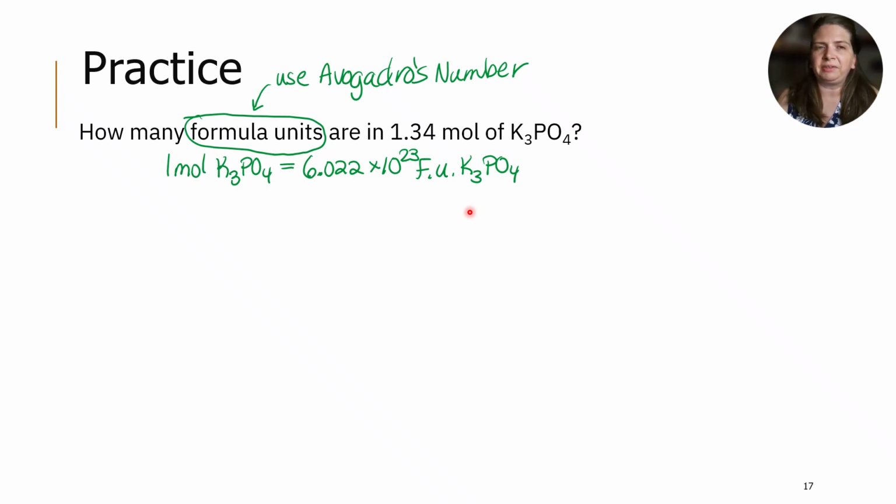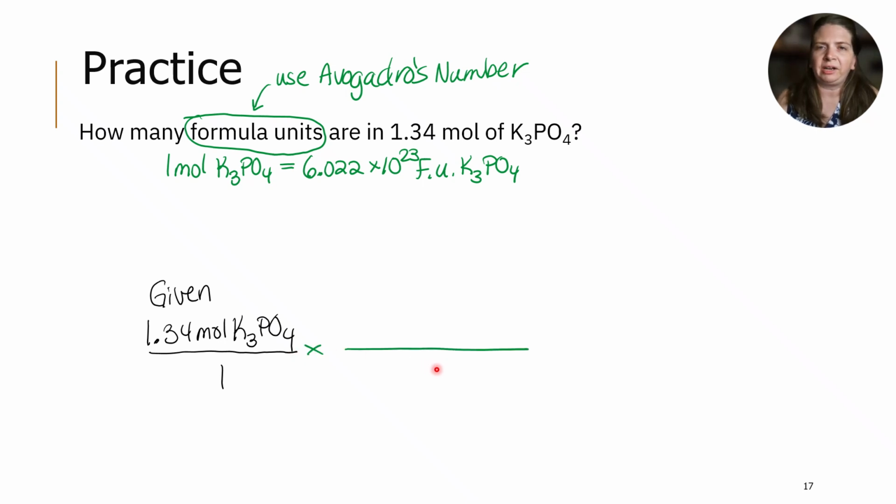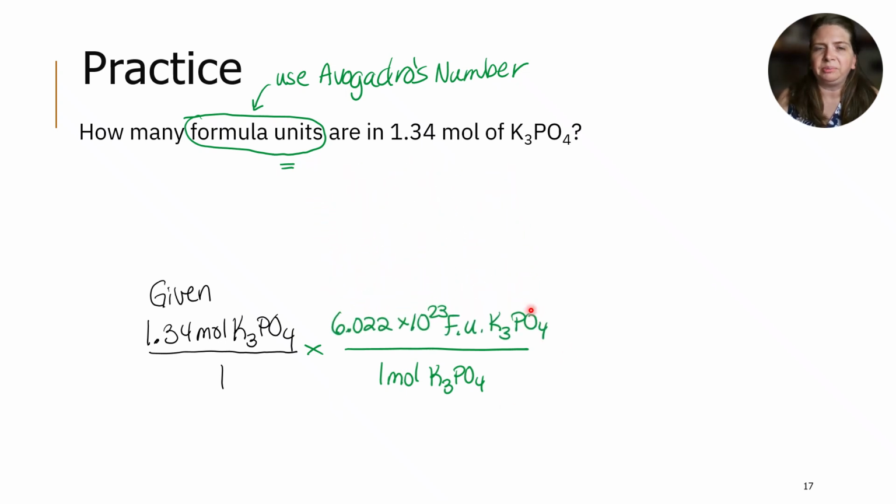Begin with the given value, 1.34 moles of K3PO4. Set up a conversion factor so that moles will cancel. The moles of K3PO4 go in the denominator, 1 mole of K3PO4. The number of formula units will go in the numerator, 6.022 times 10 to the 23rd formula units of K3PO4.